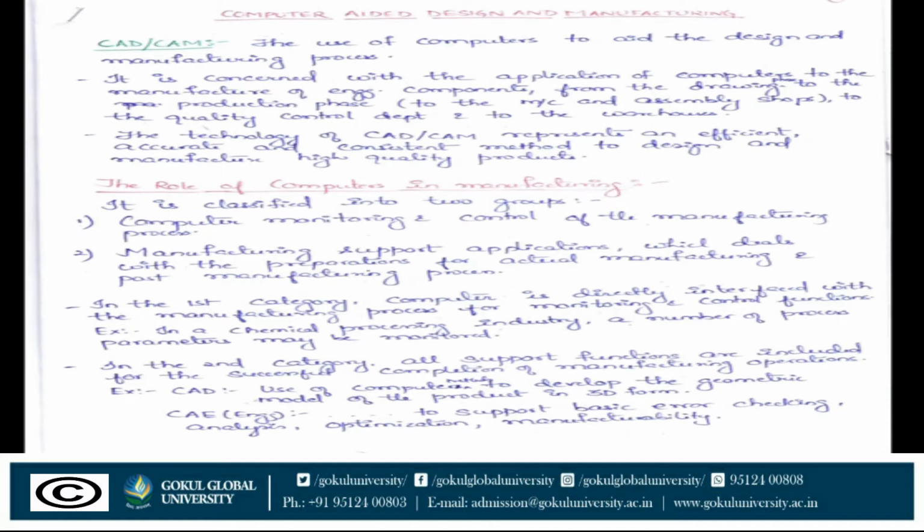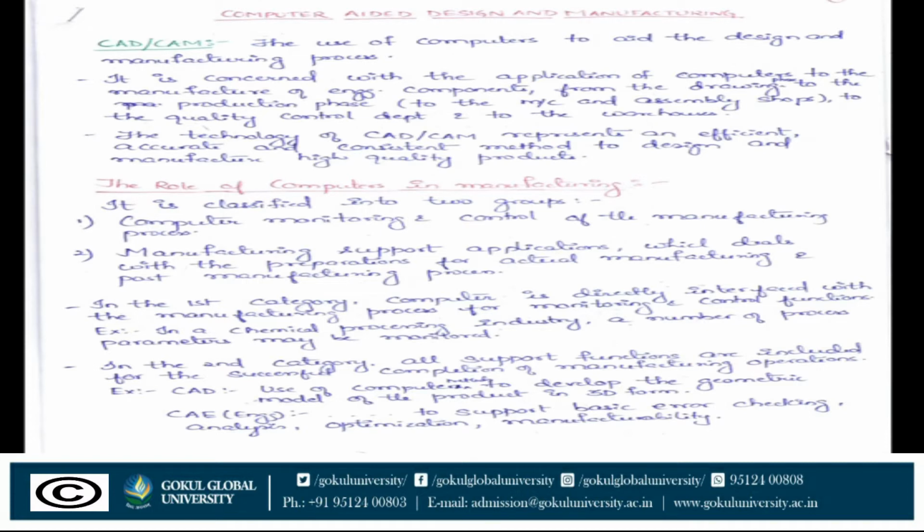The role of the computer in manufacturing as well as in design may be classified into two groups. One is computer monitoring and control of the manufacturing process, and the other is manufacturing support applications, which deal with the design of the product.